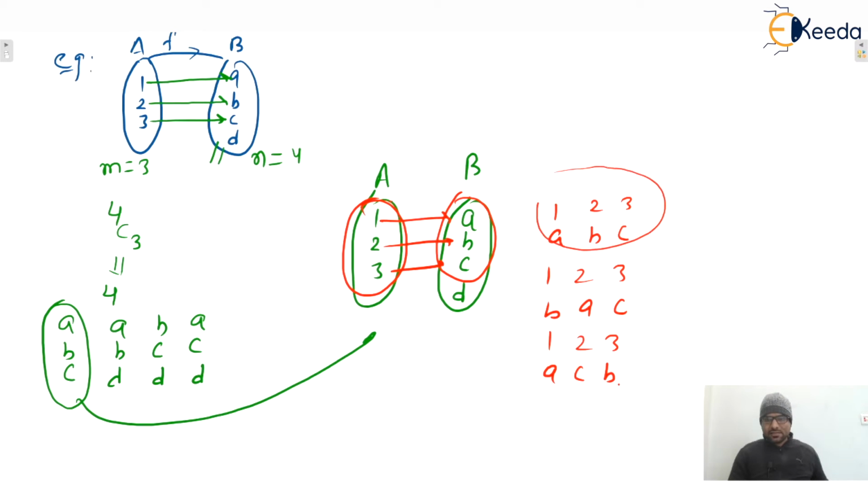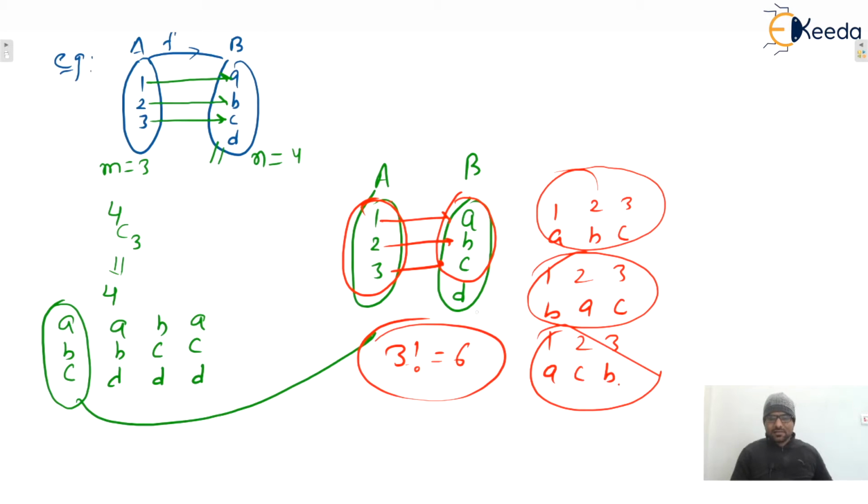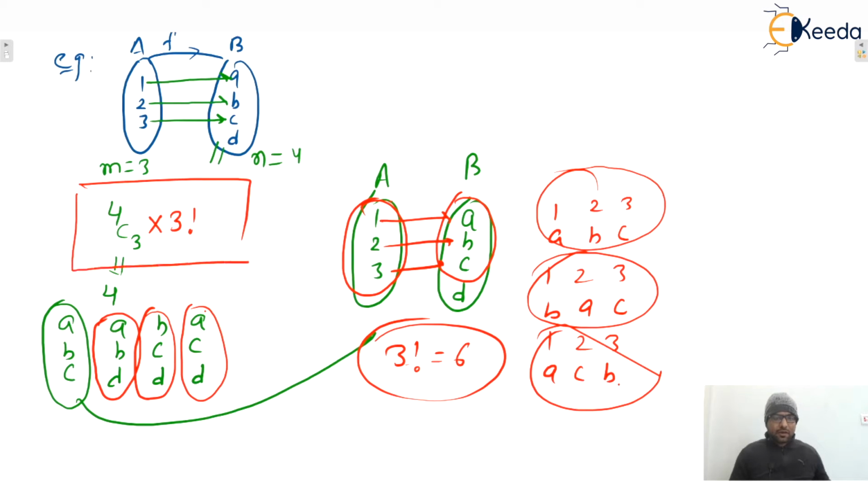So like that, 3 factorial means 6. 6 functions will be obtained from this particular combination. Similarly, 3 factorial will be obtained from here, 3 factorial from here, 3 factorial from here. So multiplying 4C3 with 3 factorial, this number of functions will be the one-to-one functions, isn't it?